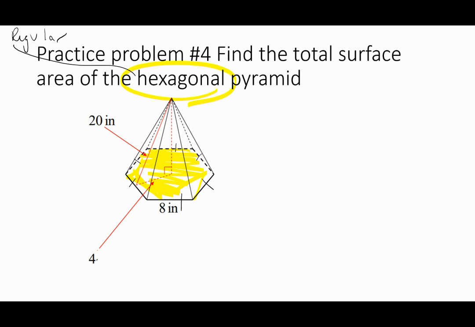We have the center, we have the altitude of our figure, of our prism, or excuse me, pyramid. We have the slant height, and we have the altitude for our base.